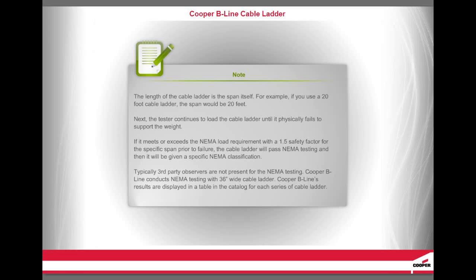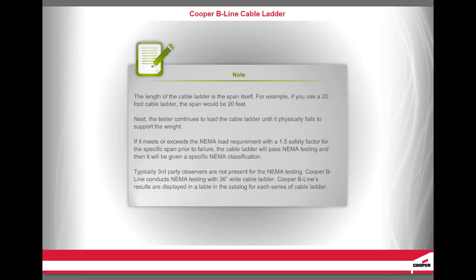For example, if you use a 20-foot cable ladder, the span would be 20 feet. Next, the tester continues to load the cable ladder until it physically fails to support the weight. If it meets or exceeds the NEMA load requirement with a 1.5 safety factor for the specific span prior to failure, the cable ladder will pass NEMA testing and then it will be given a specific NEMA classification.